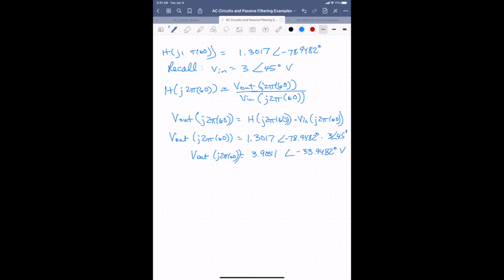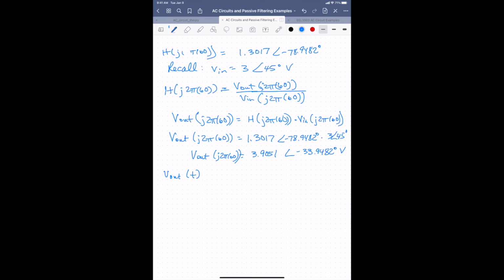The last thing we need to do is write it as a time domain signal. So we have Vout of t for the particular input of 3 times cosine of 2π60t plus 45 degrees.